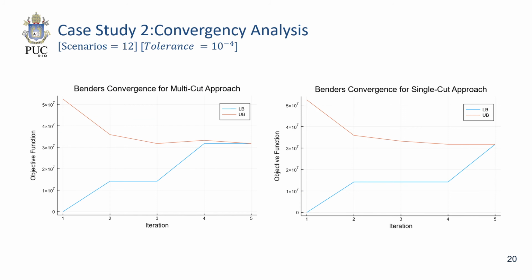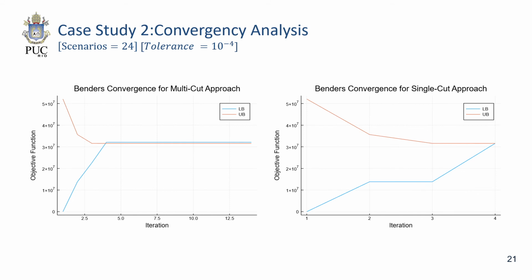So here we just take a look at the convergence graphs. As we can see and expect, they are slowly coming towards the optimal solution, both for multi-cut and for single cut for the 12 scenario tests.